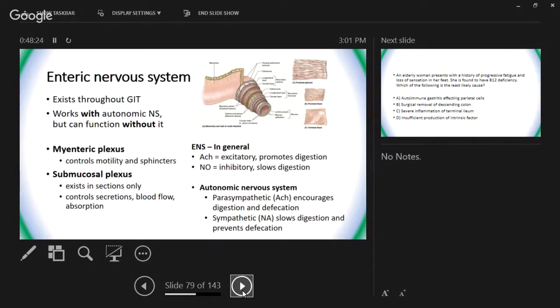In general, acetylcholine is excitatory and nitric oxide is inhibitory. Then you've also got the autonomic input, sympathetics and parasympathetics, which also have an impact on the GIT. Parasympathetic is rest and digest, so that encourages digestion as well as defecation.